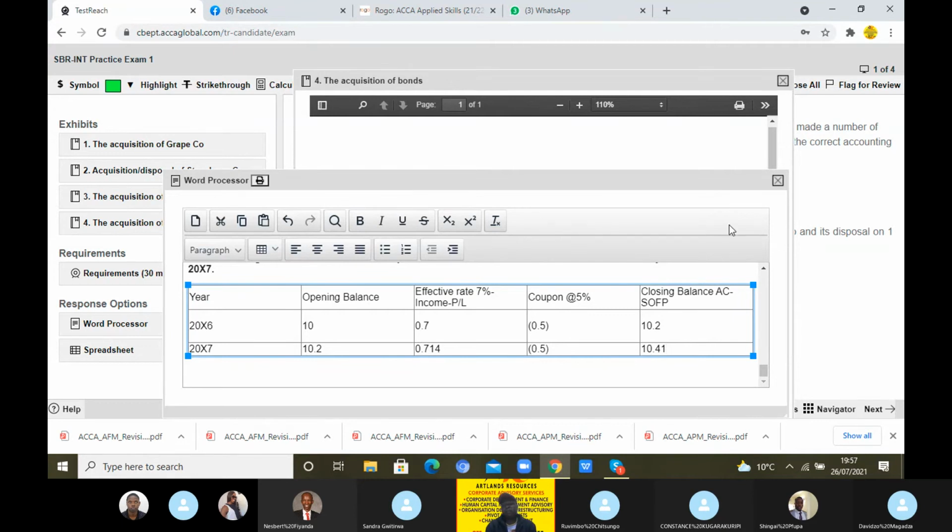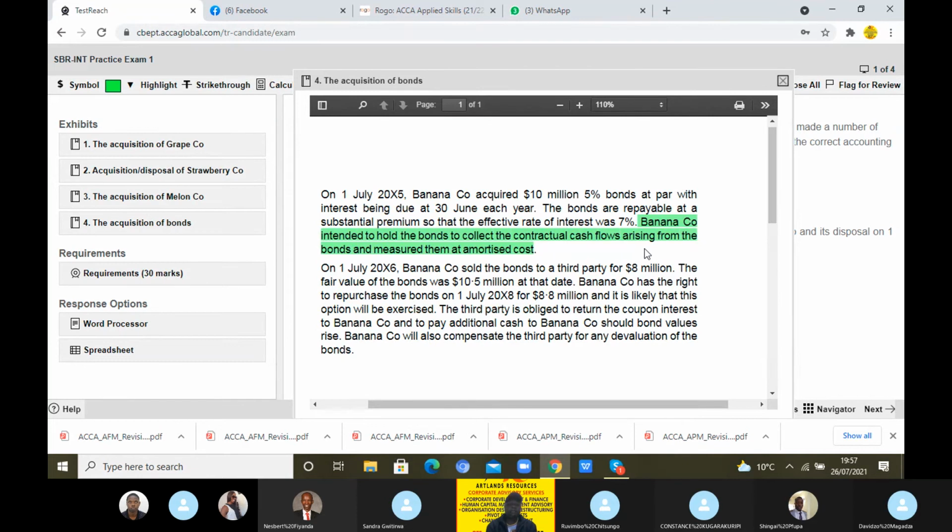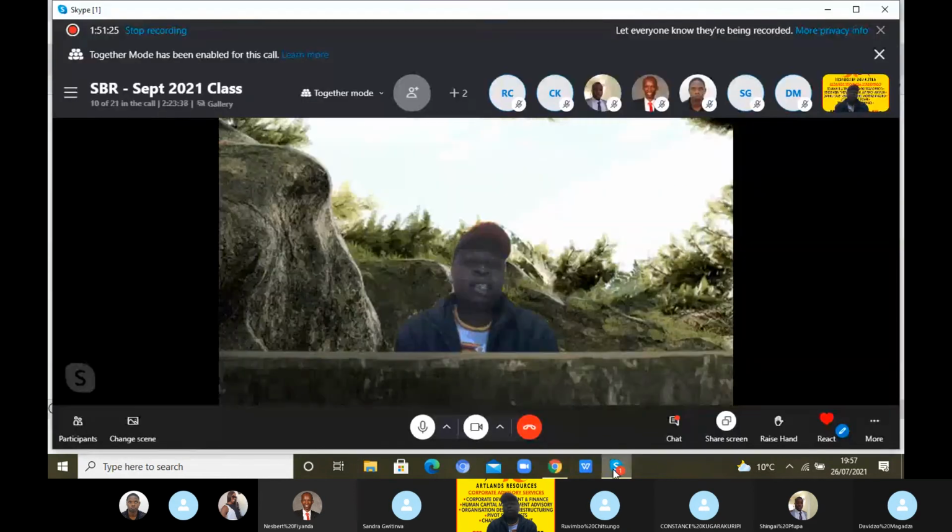These bonds, because they meet the criteria for contractual cash flow test, cannot be remeasured at fair value unless the criteria for contractual cash flow test was not met. So there you go. Once you have done that, you are done with your answer, and you are done with your 30 marks.